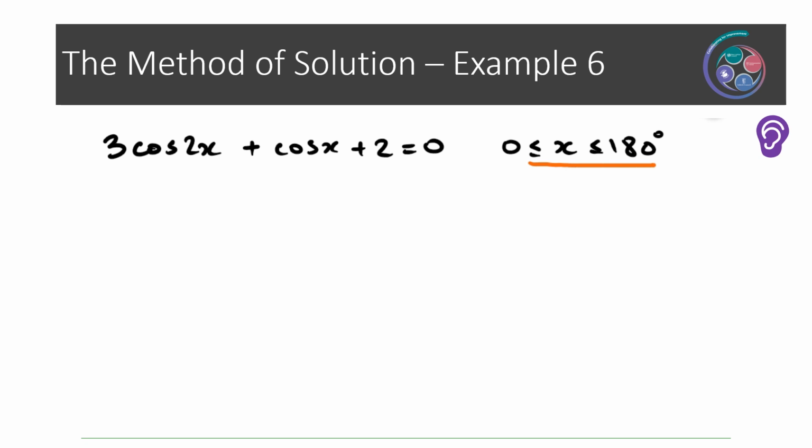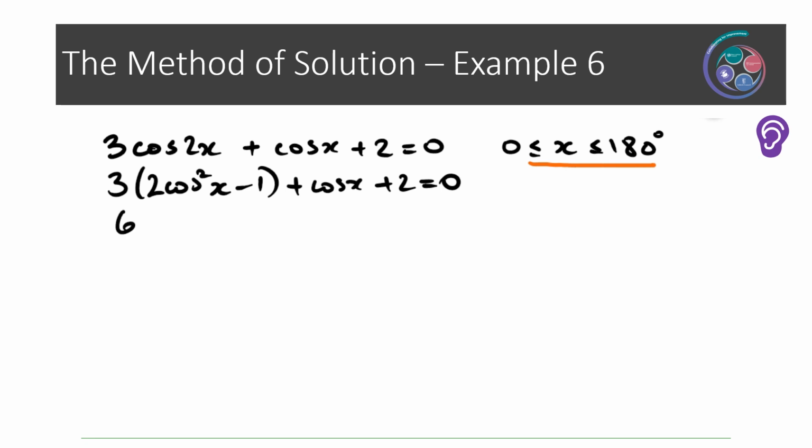Normal process of expanding. So the expansion for cos 2x, remember we've got a choice of 3, but we're going to use the one that's got cos in it. So that's 2 cos squared x minus 1. And then we're just going to write down the rest as plus cos x plus 2 is equal to 0.